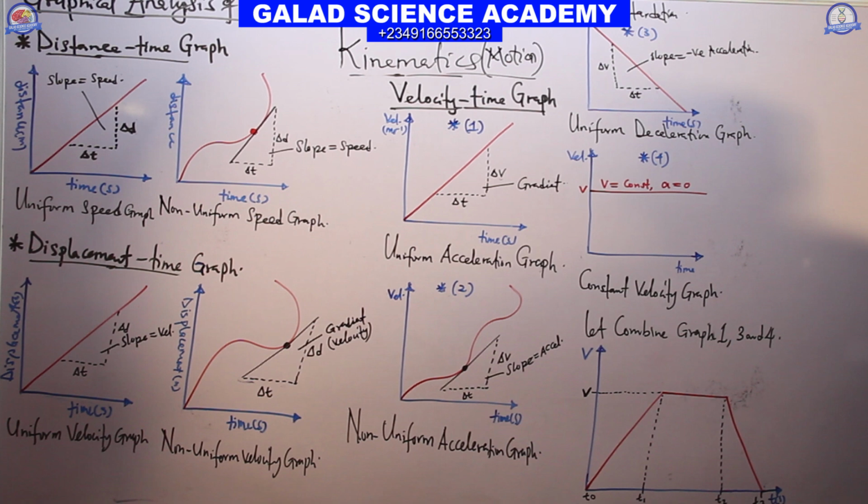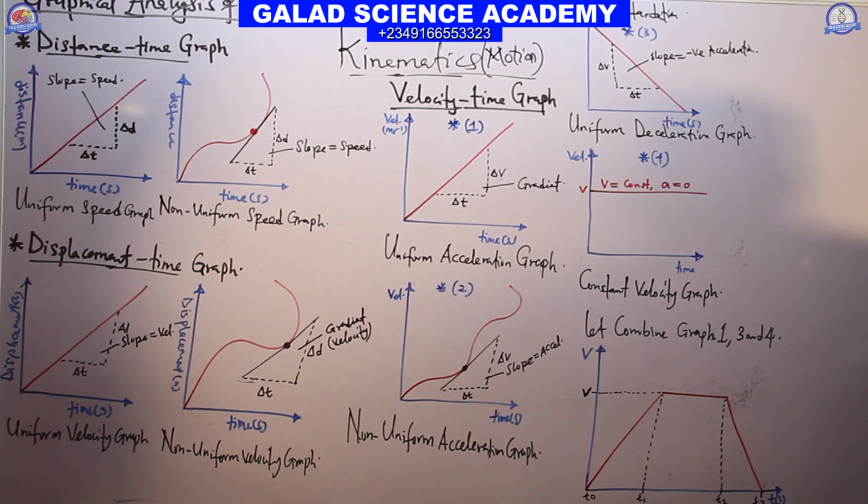Then you look at the gradient of the curve. Find the gradient of the curve. We have change in v over change in t.